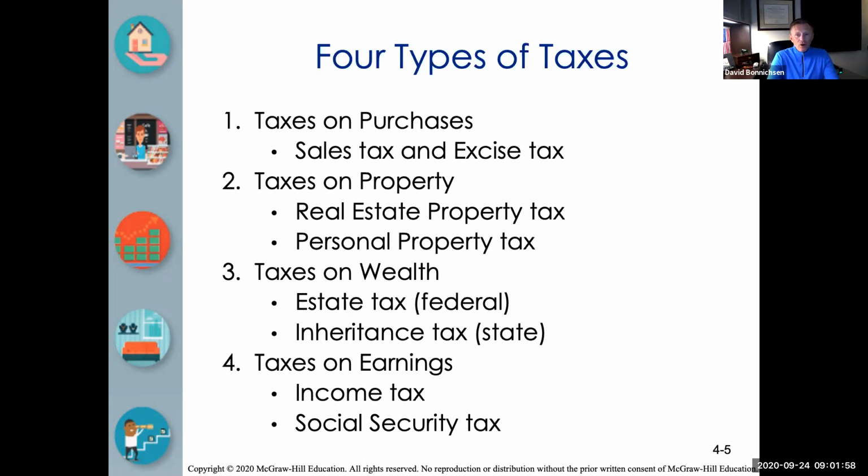We have taxes on our wealth. Another one of the most common ones that you are familiar with: estate taxes, inheritance taxes. There is a limit up to which you don't incur what's called the death tax. $5 million is the limit for a single person, $10 million if you're married.